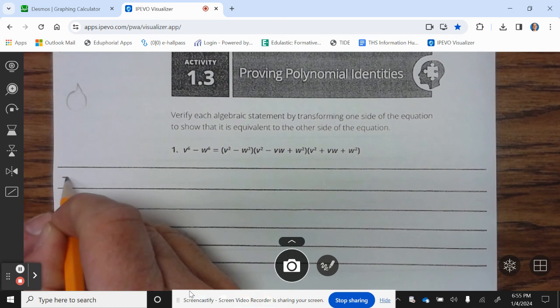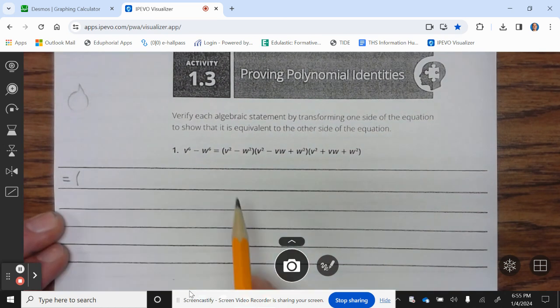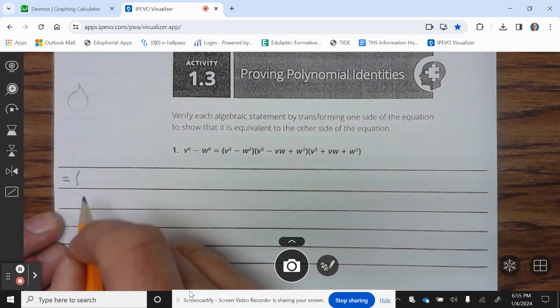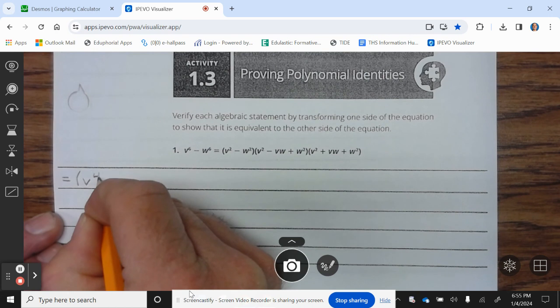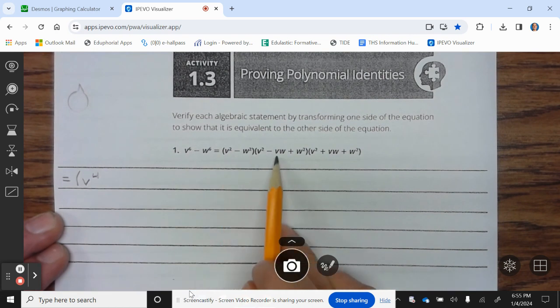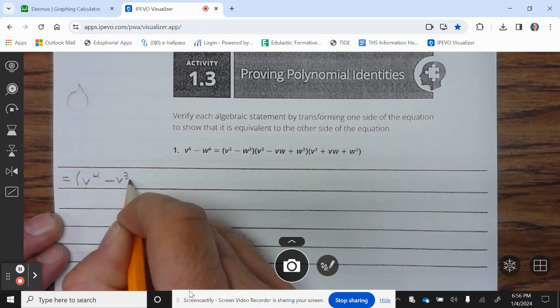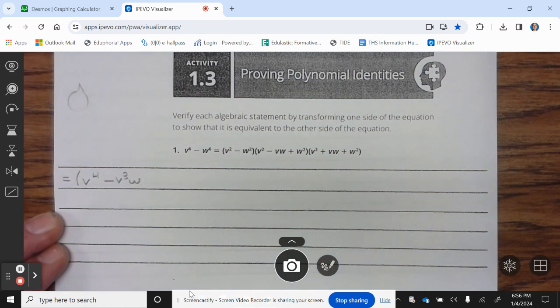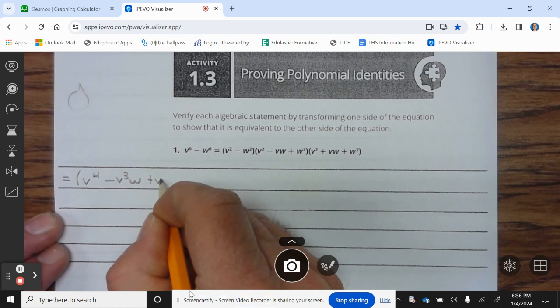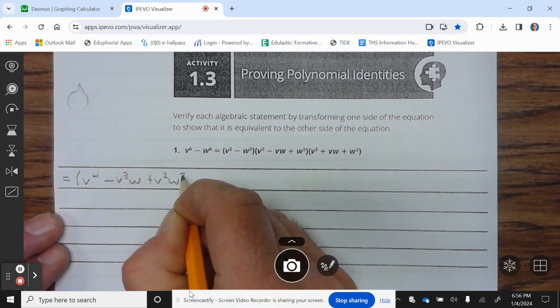So we need to FOIL. V squared times v squared is v to the 4th. V squared times negative vw is minus v cubed w. V squared times w squared is plus v squared w squared.